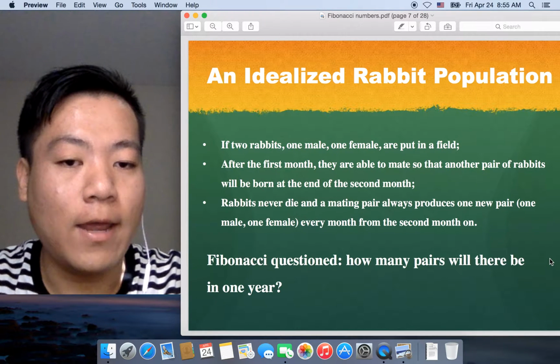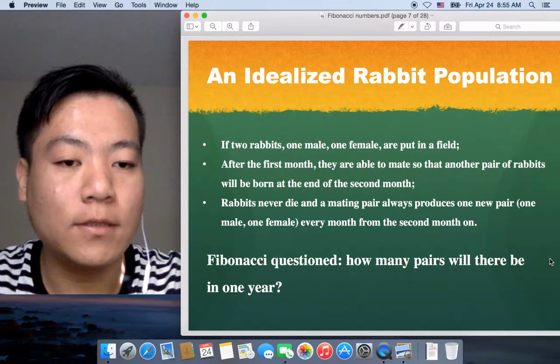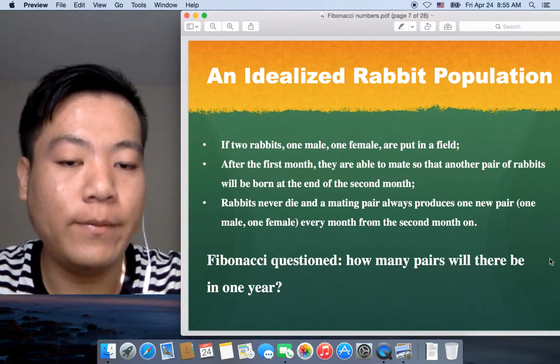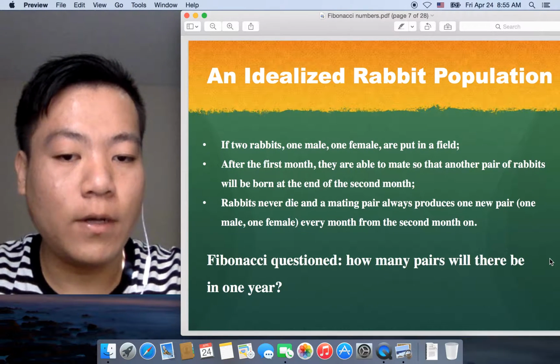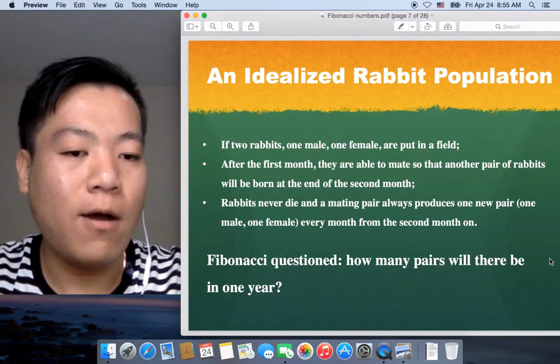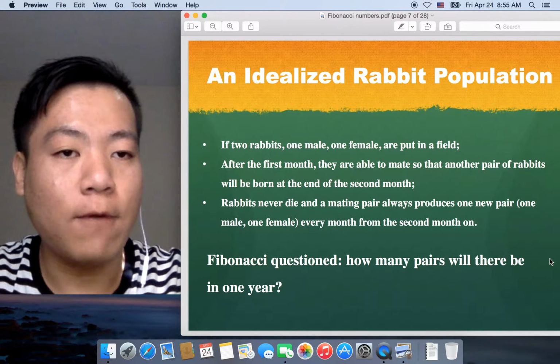Rabbits never die, and the mating pair always produces one new pair, one male and one female, every month from the second month on. Fibonacci asked, how many pairs will there be in one year?